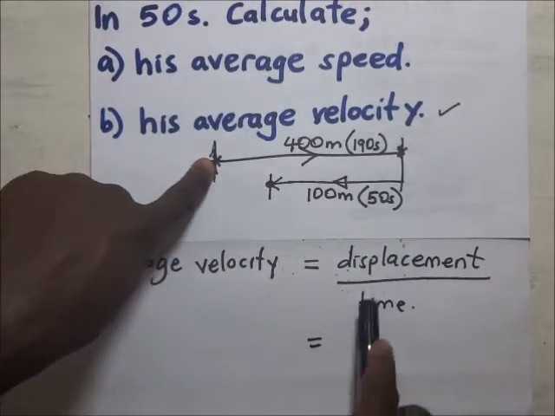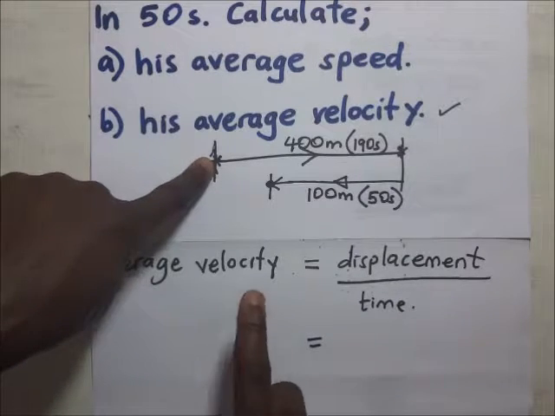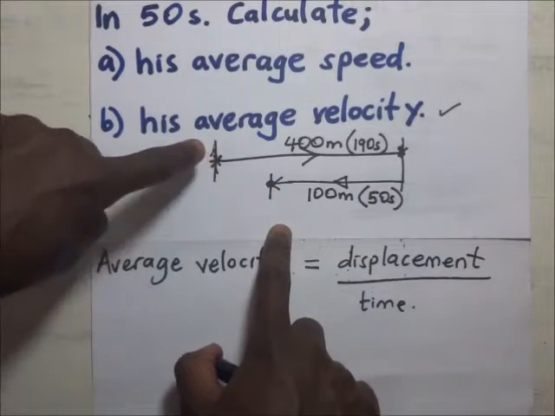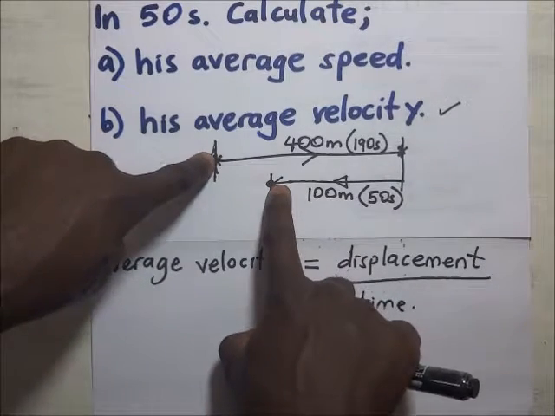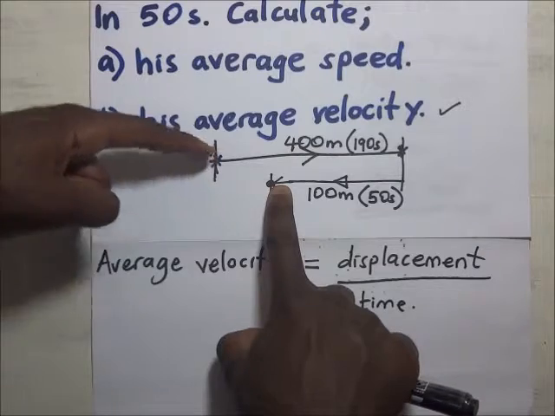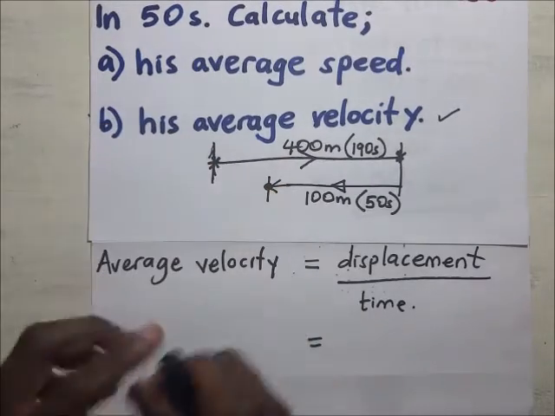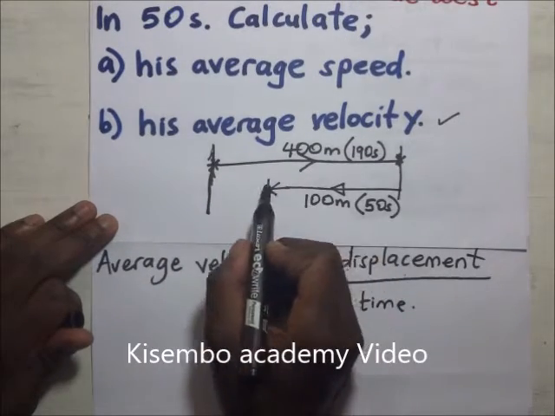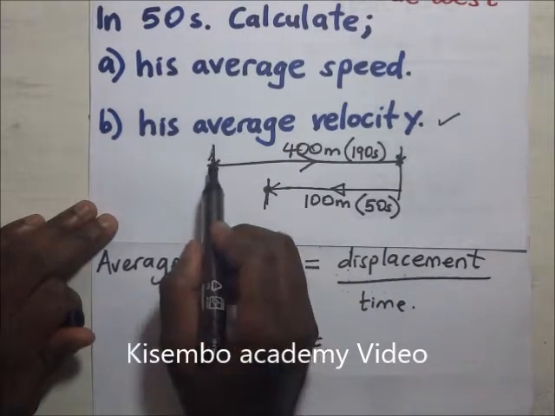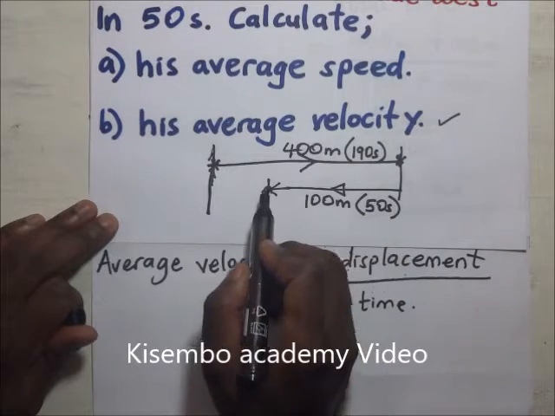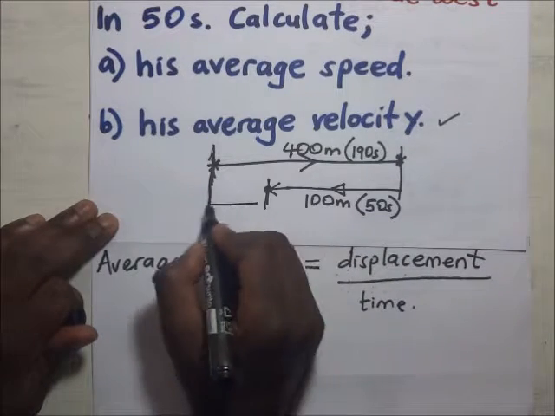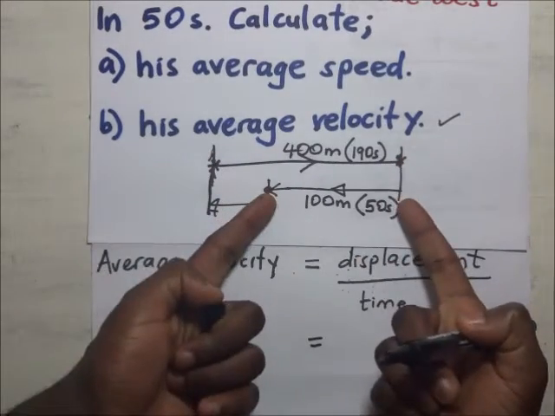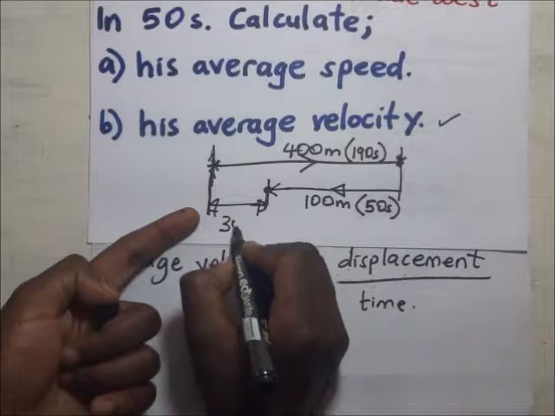If from here to here is 400, then from here to here is 100, it means the remaining is 400 minus 100, we shall remain with 300.